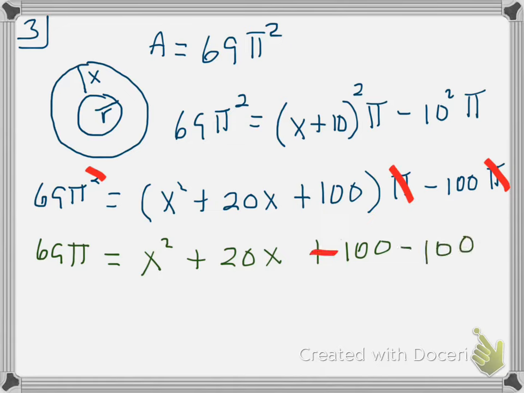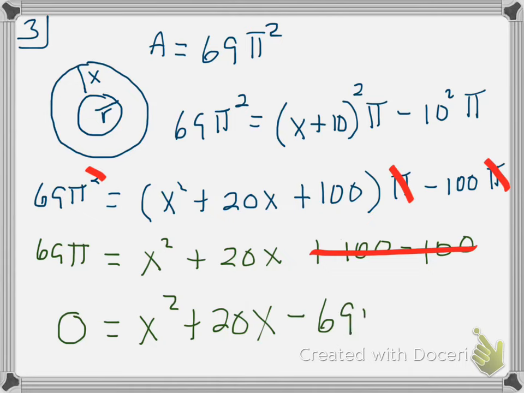Well, those two things cancel each other out. And now if I move 69 pi to the other side, I get 0 equals x squared plus 20x minus 69 pi. So I was clearly going down the wrong path in class today.